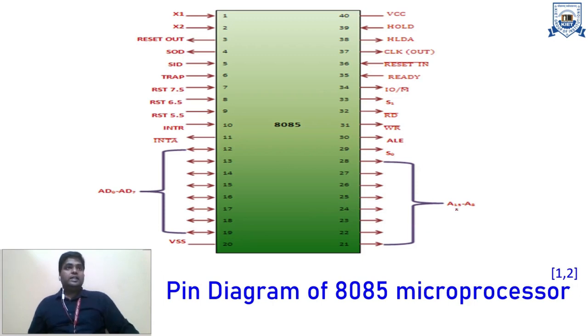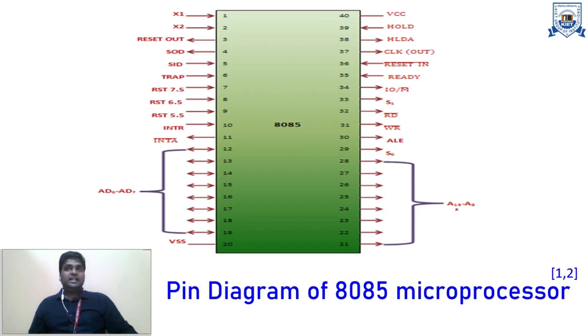As we also know, the address line is divided into two halves, the lower half and the upper half. The lower half 8 bits are multiplexed. That means at a particular time it will contain the address information, and at another time it will contain the data information.